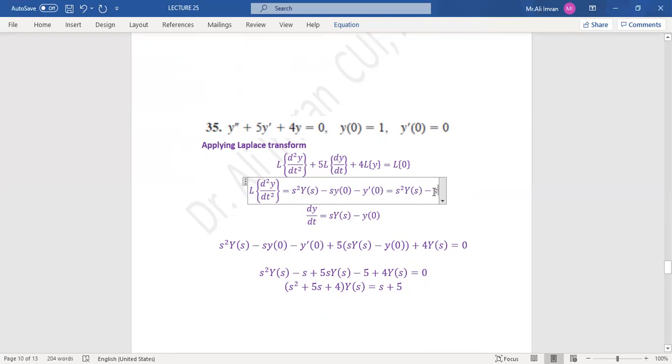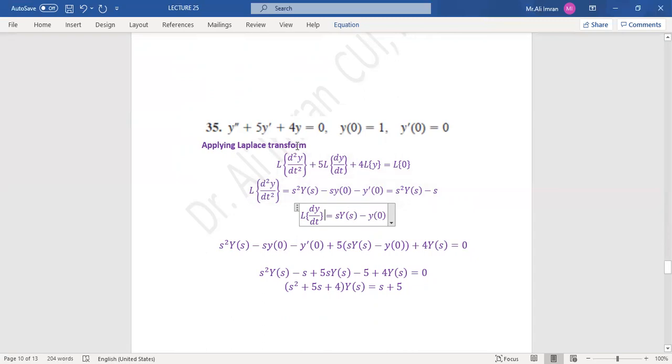This is the Laplace transform of the second derivative. The Laplace transform of the first derivative will be equal to s capital Y of s minus y of 0.